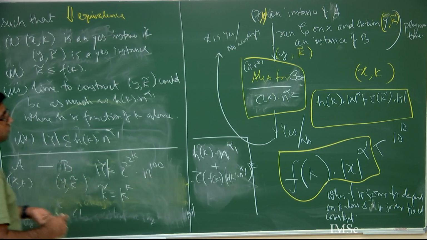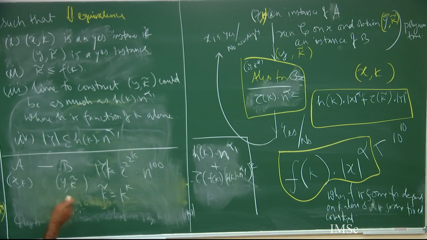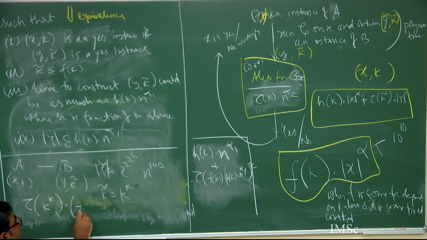And my point is yes. Suppose this is the running time of my algorithm. So now what is the running time of this? It is tau of k to the power k, which is still a function of k alone, since tau was a function of k alone. Now what is this? Say n to the power alpha 2. But now my n is this much, right? So let's look at this: 2 to the power 2 to the power 2 to the power k into n to the power 100 times alpha 2.